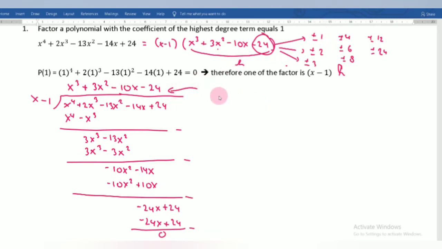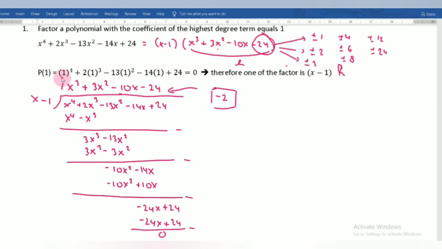We have already known that negative 2 is one of the zeros. So let's just pretend that we don't know, and let's use negative 2. But remember, now we want to factor this polynomial, not the earlier one. So let's put negative 2 into this polynomial.